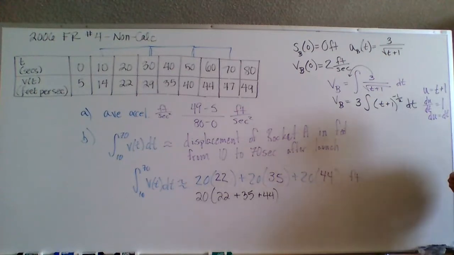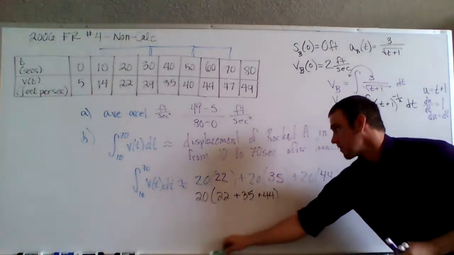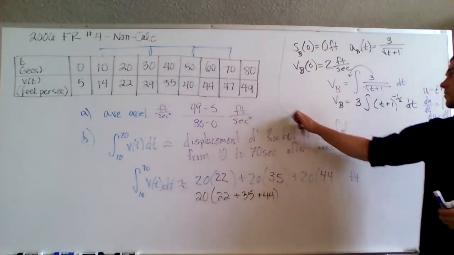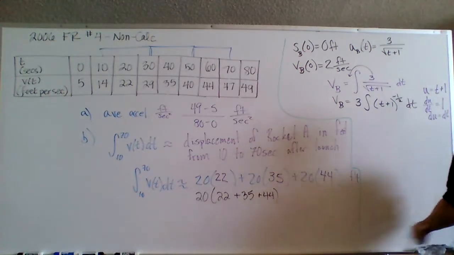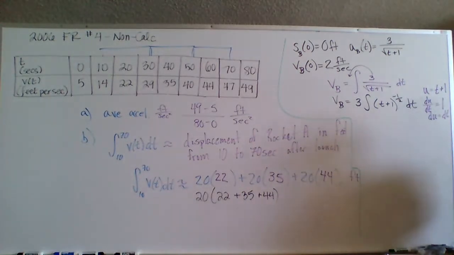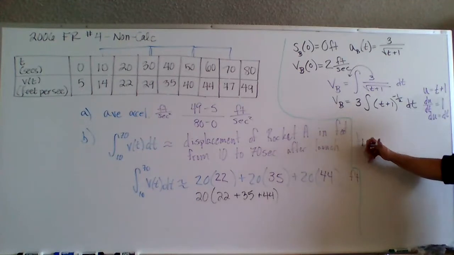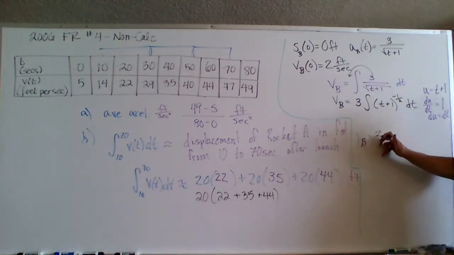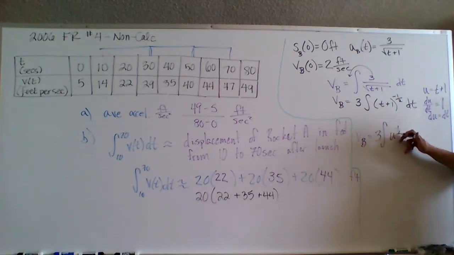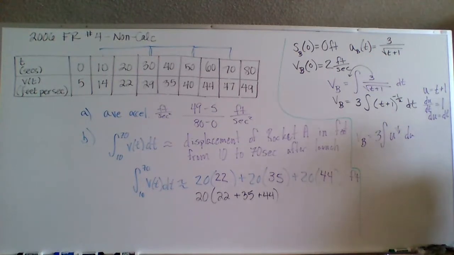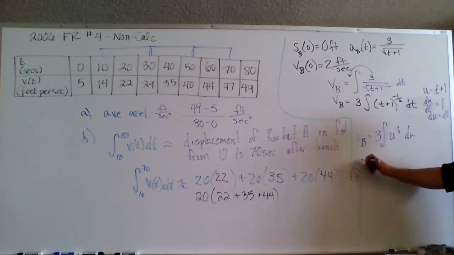So as we go through here, we have v of b is going to equal 3 times the integral of u to the negative 1/2. Dt gets replaced with du, so some simple integration. Now be careful when you integrate this.